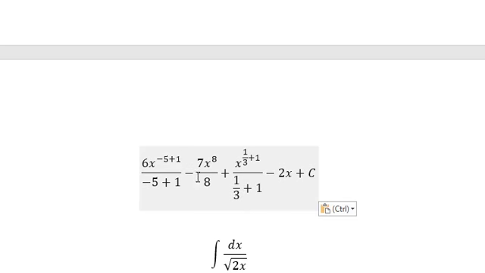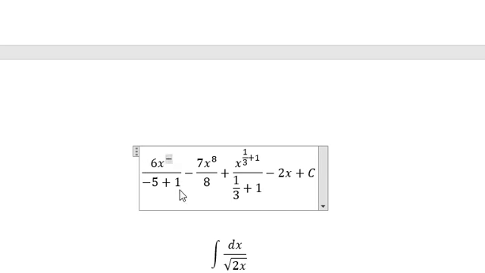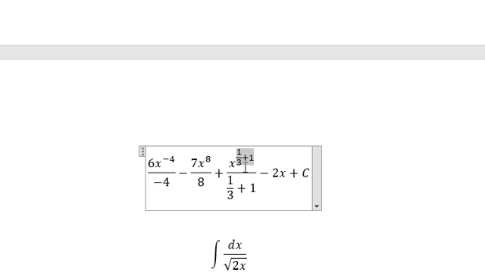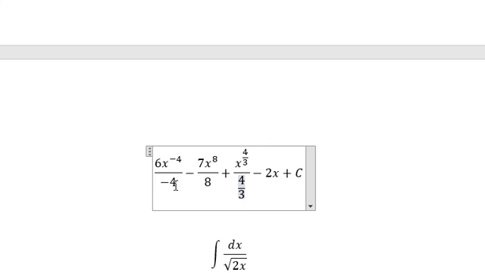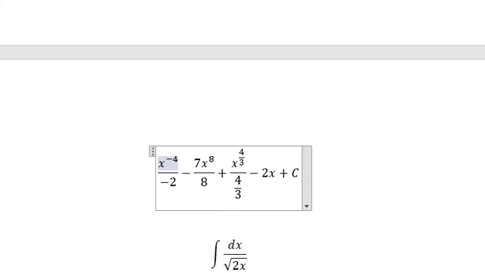So this one we get negative 4, negative 4. This one we get 4 over 3, 4 over 3. 6 divided by 4, so we simplify by 2. And this one you get 2. This one you get 3.